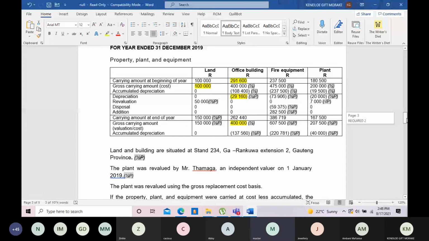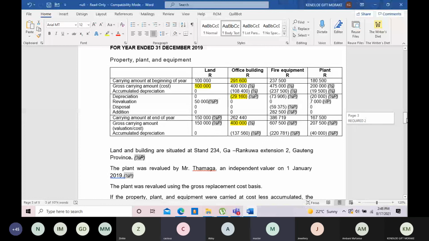The first thing that you must take into account is that they were supposed to tell you that the fire equipment was purchased. When was this fire equipment purchased? The original date. But they didn't give that information. That information was hidden, right? So we're going to know that we have 4 years.